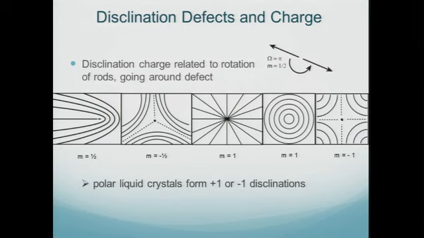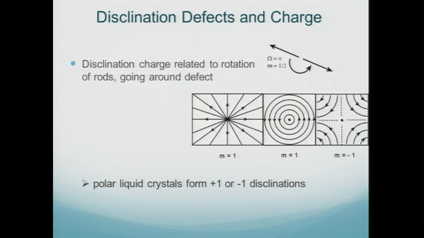And so, if you have a polar vector, a vector that has an arrow with it, you can't make a defect like this because you don't end up with the same state. And so the only defects you can make are defects of charge 1.